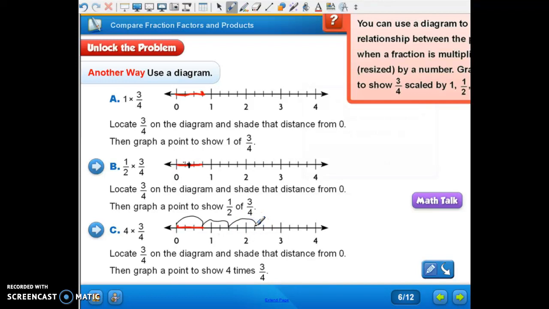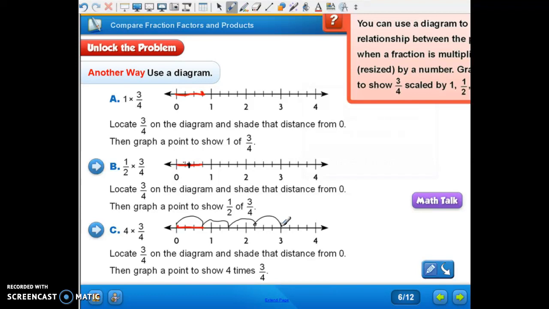Now we have 3 times, 1, 2, 3, and then 4. Oops, I think I went 1 too far. Let's see. Okay, we're trying that last one again. 1, 2, 3, 4. Okay, so 4 groups of 3/4 is equal to the whole number 3.